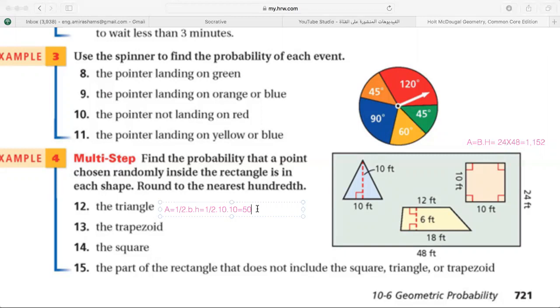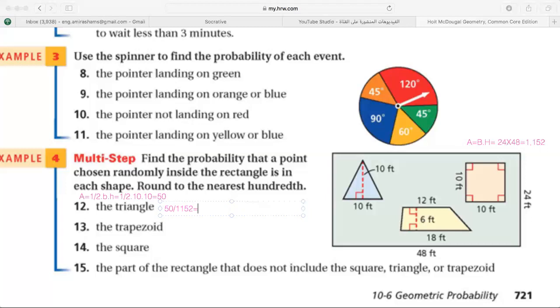So this is the area of the triangle. So what is the probability? I'm going to write the area of the triangle divided by the total area, which is the area of the rectangle, which is 1152.